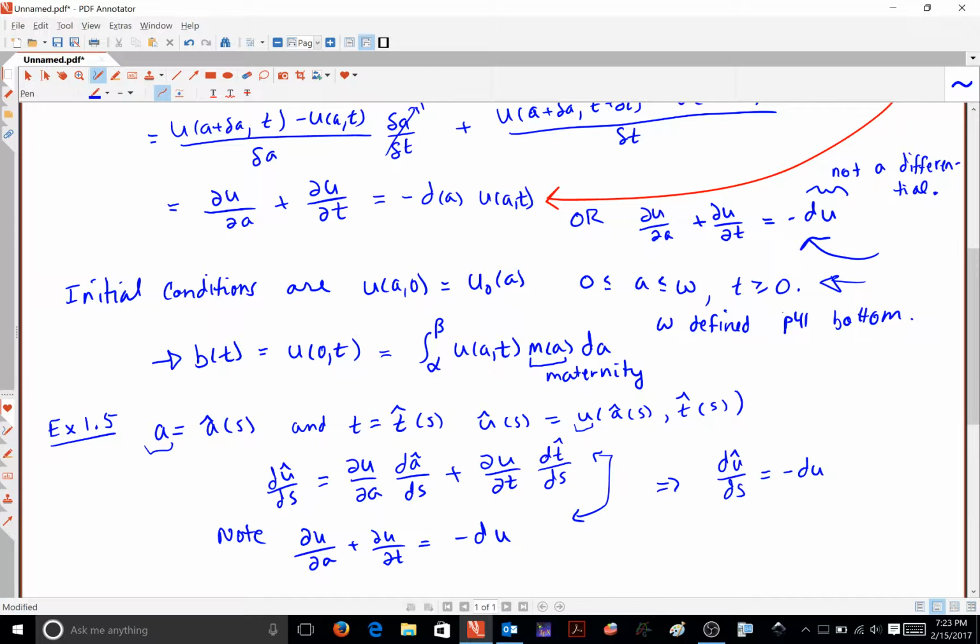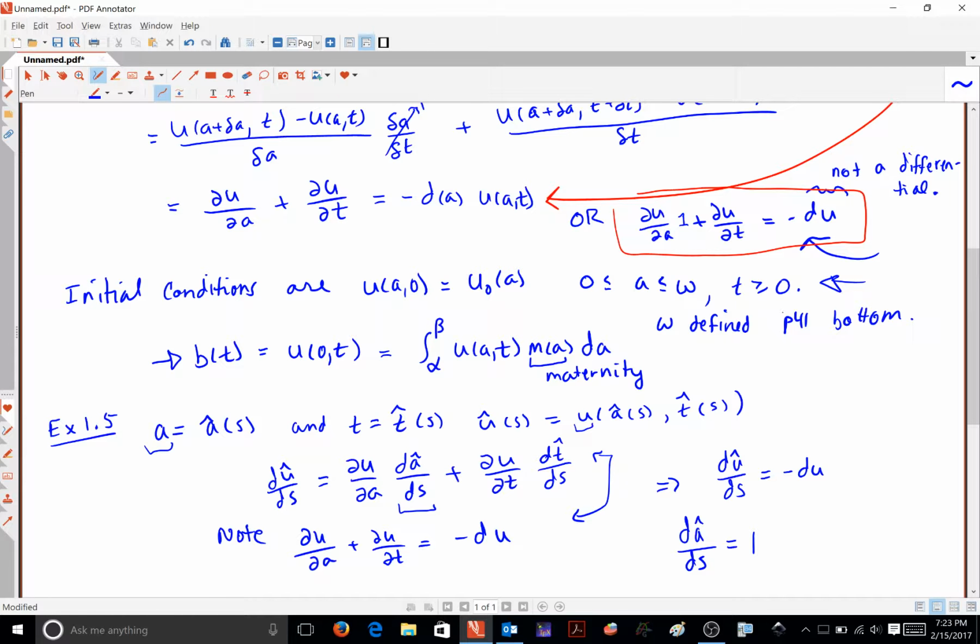If you compare this with equation 1.11.40, I'm going to draw this in red so that we can find it. That is this equation right here. If you compare those two equations, what they're going to say is this. The dA hat/ds in this case has to be equal to 1 because they're the same equation, and I have this dA/ds term here, and it's like having a 1 right there.